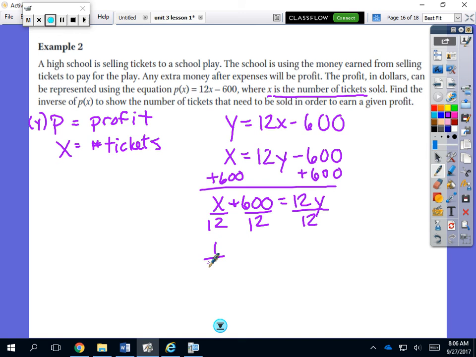So I have 1/12 x plus, and 600 divided by 12 is 50. That's going to be my inverse. So now this will be the number of tickets, and this will be the profit.